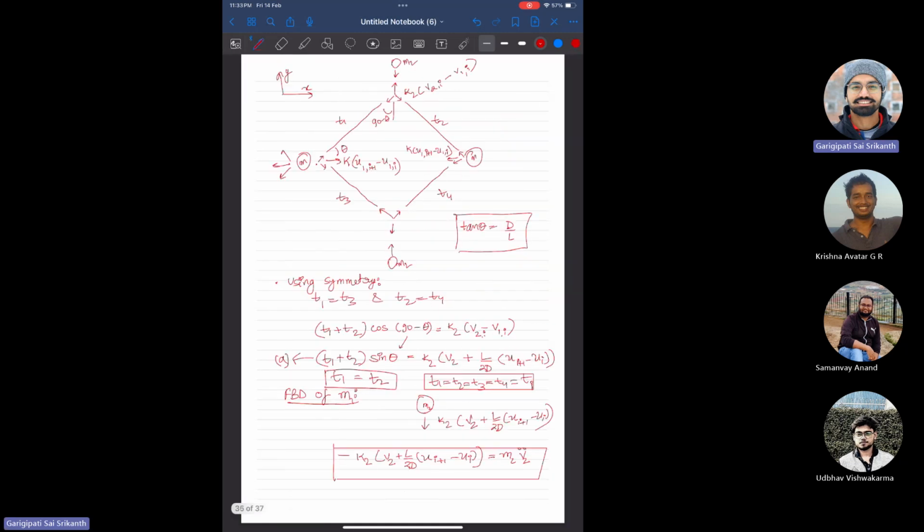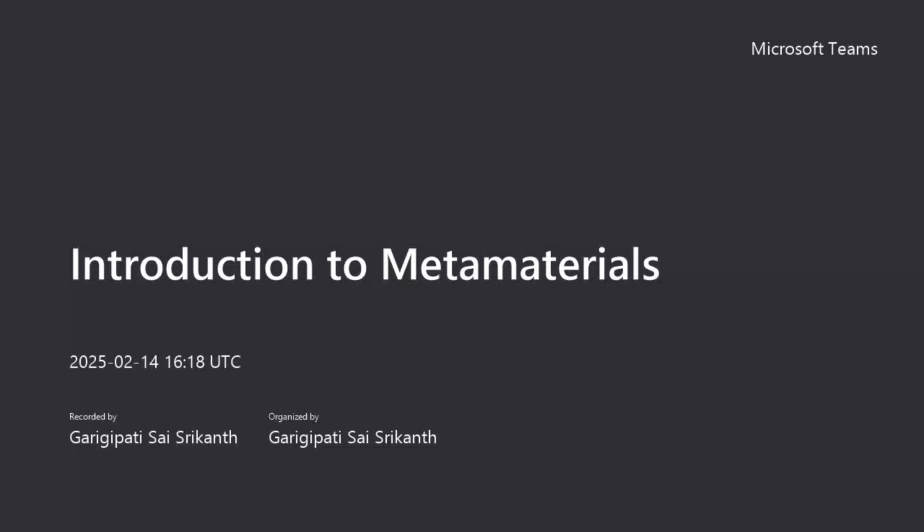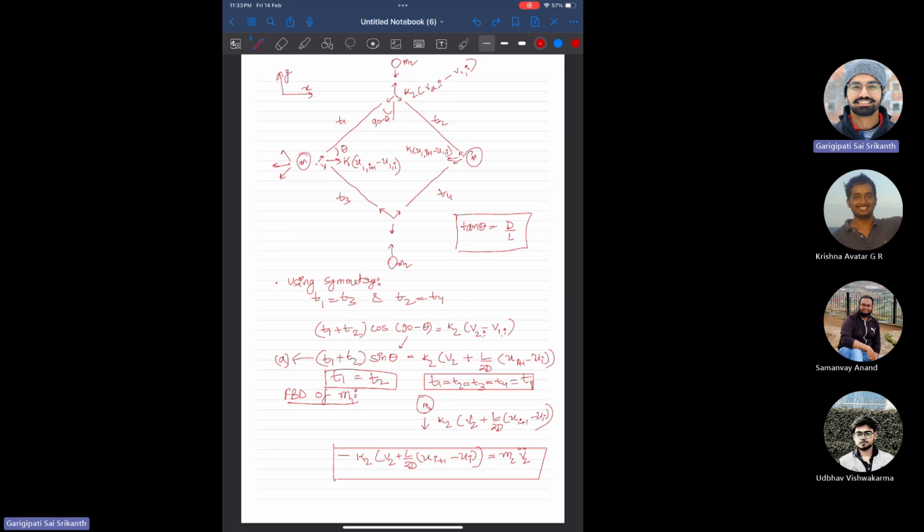The other equation has to be this one. So we need to combine these two equations.